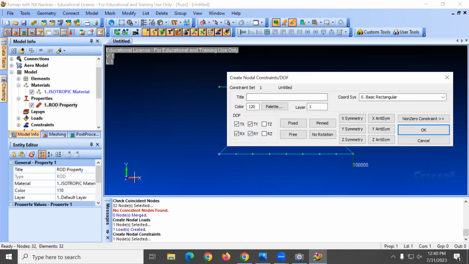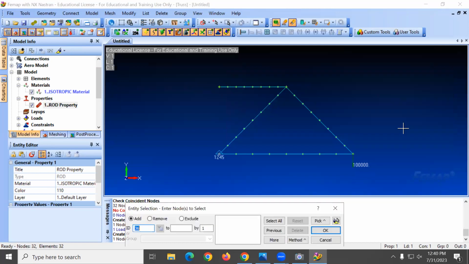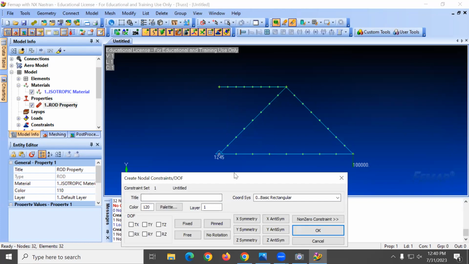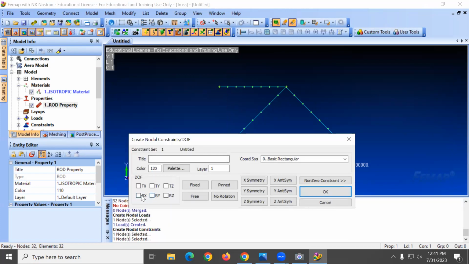So basically, it's free to move on the Z and free to move on the Y. If you want, you can even fix this one, but I think that should be enough. But we'll find out. And then for these two here, about the same thing, but then we only want to restrict the X, no?